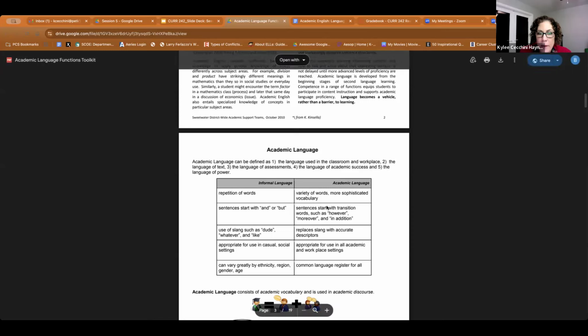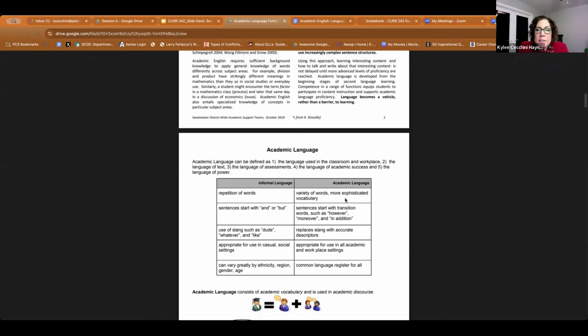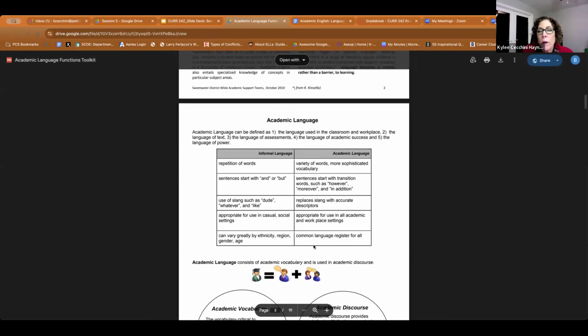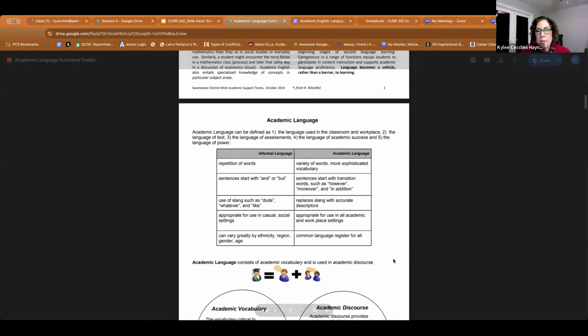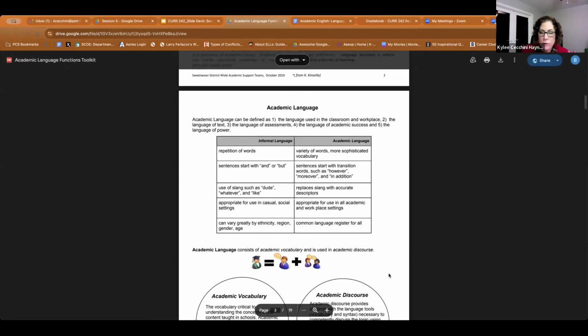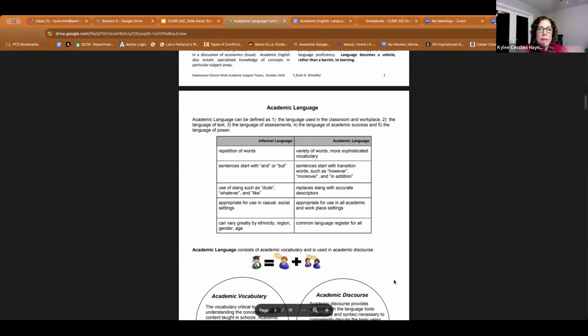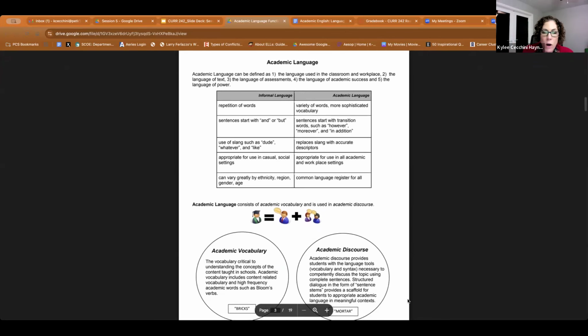Academic language has more sophisticated vocabulary, and sentences that often start with a transition like "however" or "moreover," and longer sentences. One of the things academic language does is up the register, a more academic register as opposed to the more informal register that kids are used to speaking on the playground or in the quad.